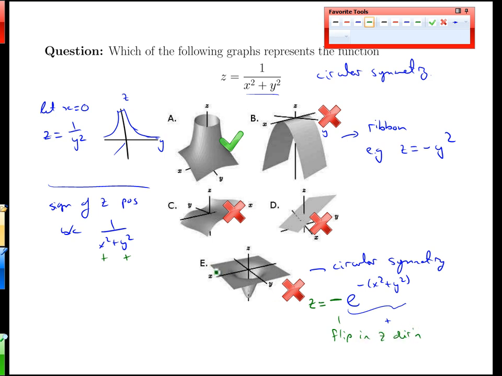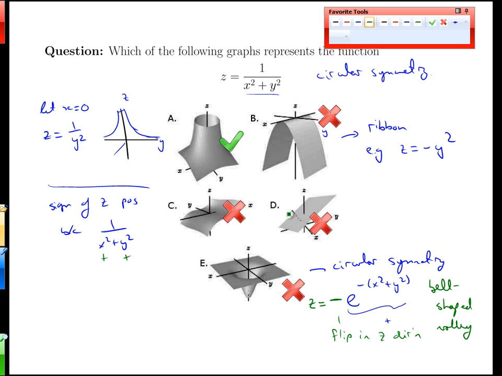So instead of the bell-shaped hill, it becomes a bell-shaped valley. And that occurs because every positive z value that we had before would be flipped in sign, and it would end up below the xy plane on the negative side, and so we'd have a bowl shape instead of a hill shape.